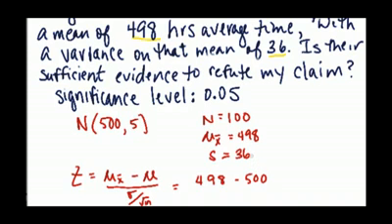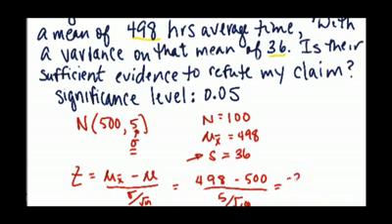Now, which sigma do we use? Do we use the standard deviation of the population, or of the mean? Well, if you know the one of the population, always use the one of the population. So it's going to be over 5 divided by the square root of 100, right? So that's going to be 5 over 10, which is 1/2.